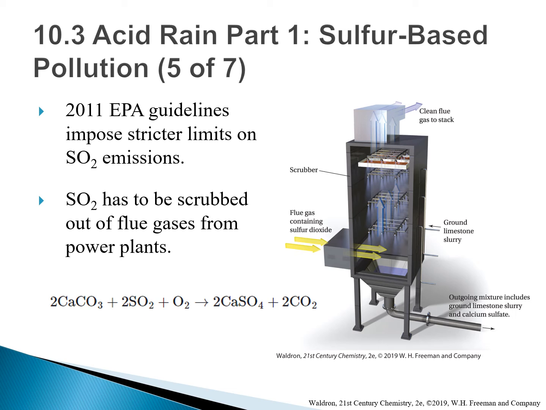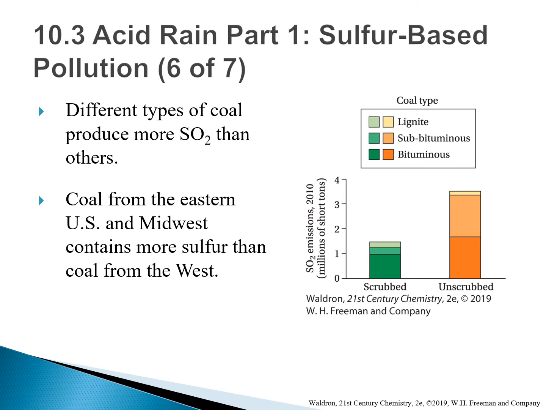The downside is that this reaction also produces a lot of carbon dioxide, a greenhouse gas. Not all coal is the same. Coal plants in the US use 4 types of coal, and they differ in cost per kilogram, the amount of sulfur they contain, and how much energy they produce.